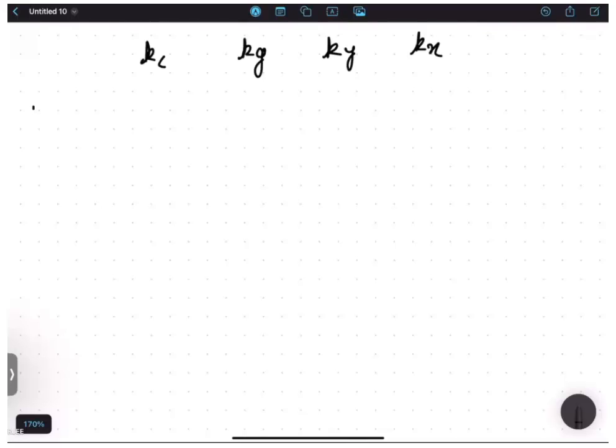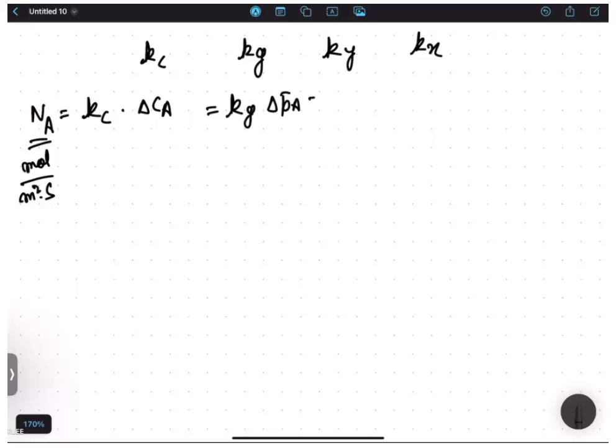So let us see. Your flux Na, you can write it as Kc into delta Ca. And this flux unit is the same, no? It is mole per meter square second. Now this unit is the same for all these cases. So you can directly write it Kg into delta Pa bar. You can also write it Ky into delta Ya.